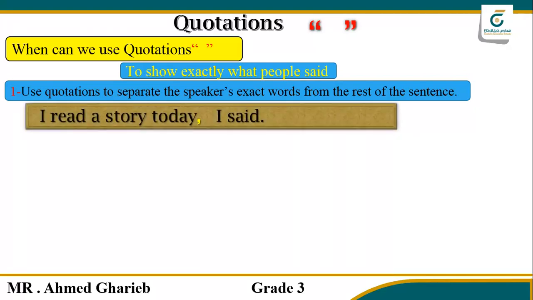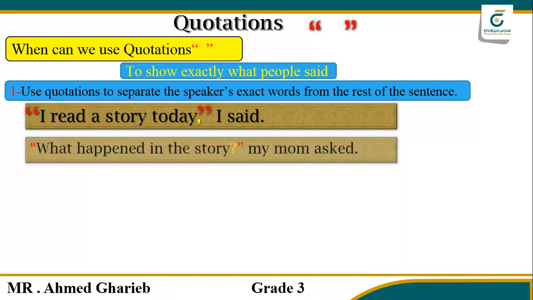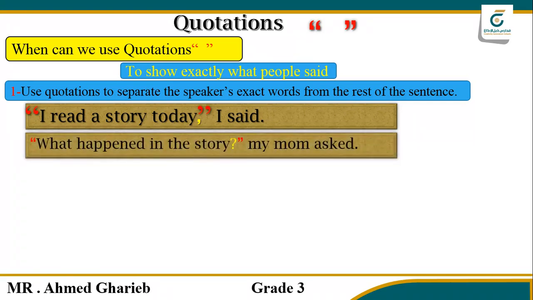For example, "I read a story today," I said. So my speech is between two quotation marks. Why? To separate what I said from the rest of the sentence. So I told my mom that I read a story today.